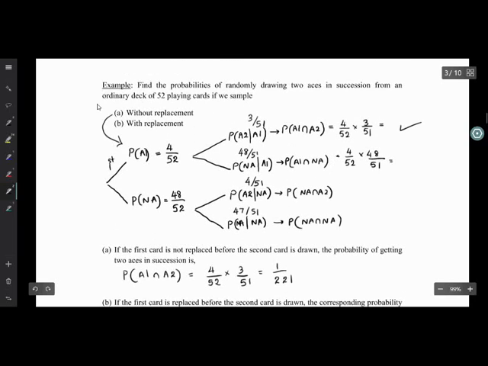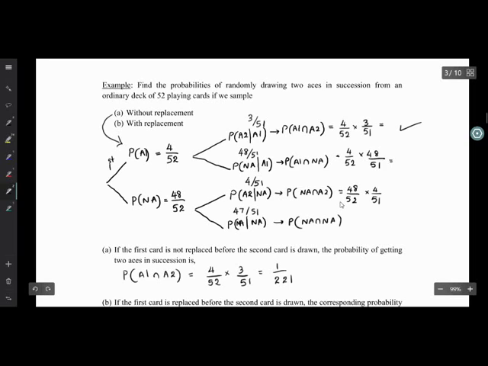You can see that from this tree diagram, right? If you select a non-ace card, when it comes to selecting the second ace, you can see that the probabilities are completely different. So this will be 48 over 52 times 4 over 52. So these are completely different probabilities.